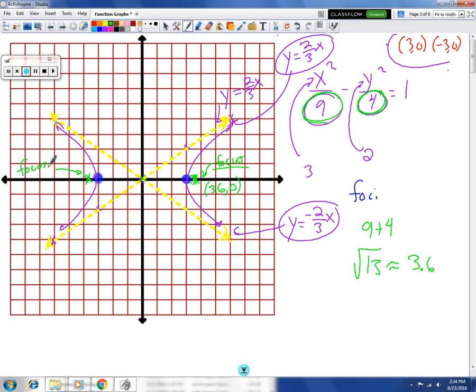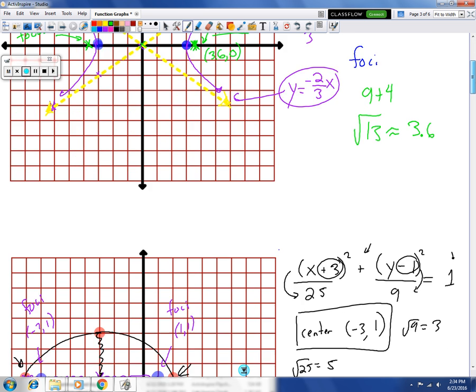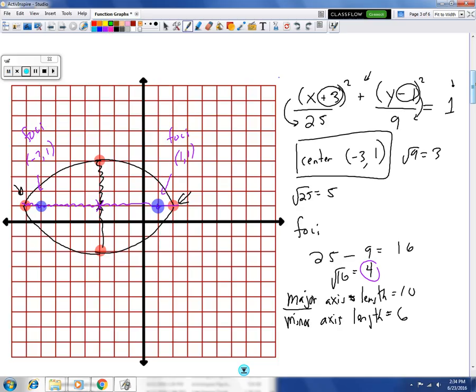All right, let's try one more. There's an old ellipse. I'm going to get that off there.